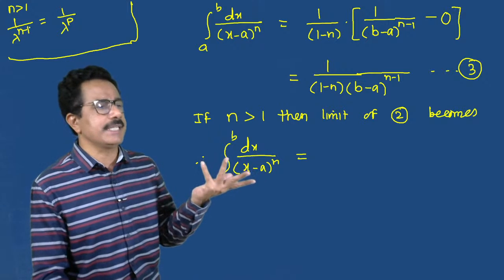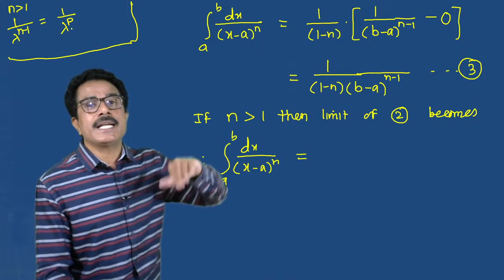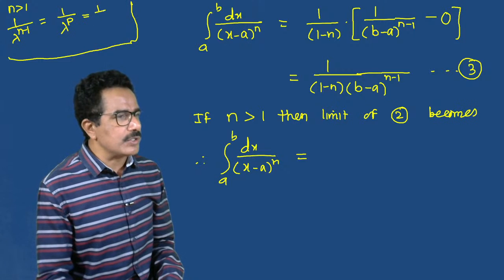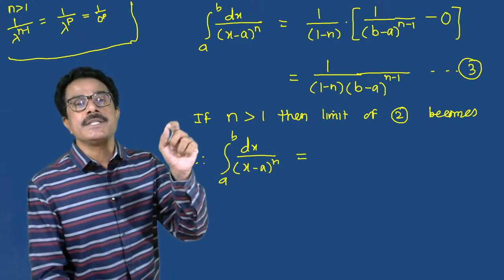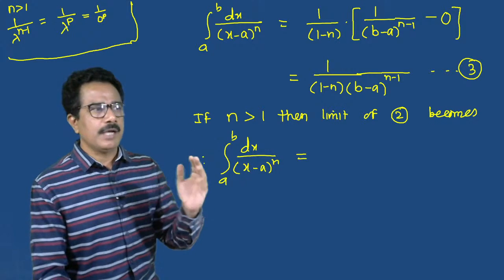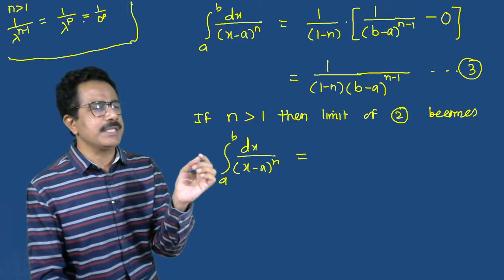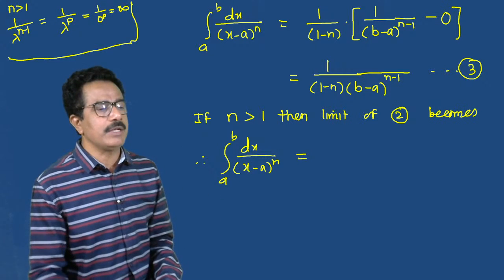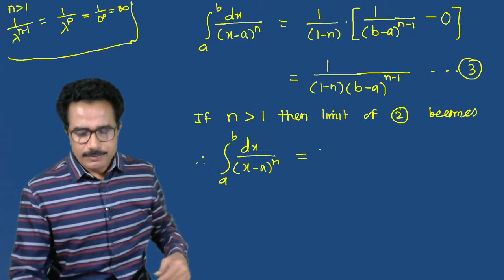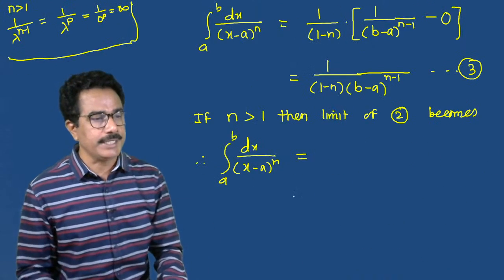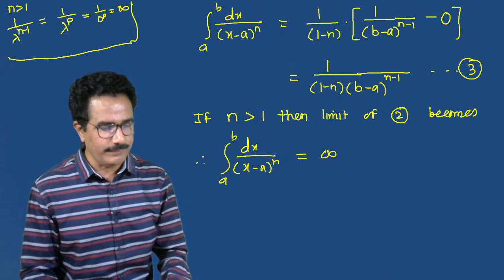If n is greater than 1 then we can't write it in the numerator, so if we put lambda equals 0 then 0 raised to p, limit lambda tends to 0, but it is not actually 0. It is not that lambda tends to 0 means it is actually 0, so 0 raised to p which is equal to 0 gives a value of infinity. So the limit of equation 2 becomes infinity, which gives infinity.